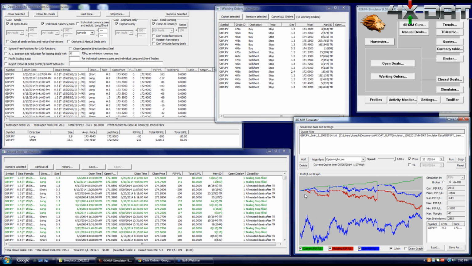The software will be scalping the market at this point. It will be taking whatever profits it can find and wait for the opportunity when the market moves to close all deals with a profit. And it's really relentless. It doesn't have to sleep. It watches the market 24 hours a day.